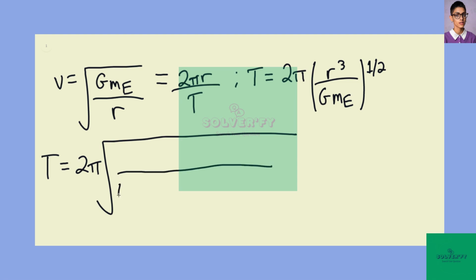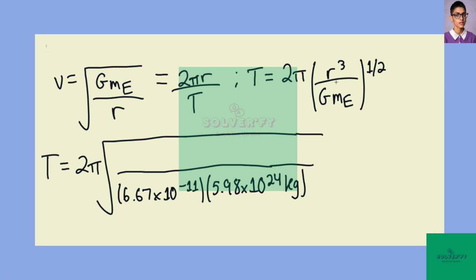For the denominator, we'll have 6.67 times 10 to the negative 11th times the mass of the Earth, so 5.98 times 10 to the 24th kilograms. And then for the radius cubed, 6.38 times 10 to the 6th meters cubed.